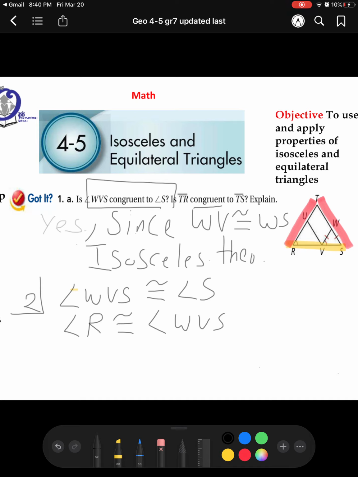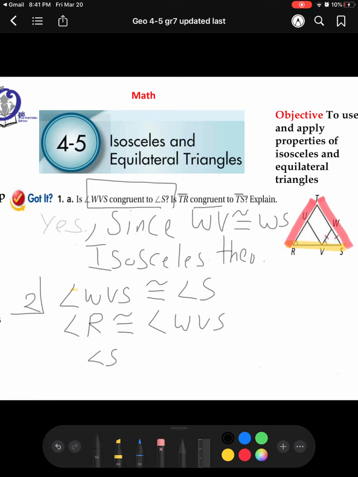If I have angle 1 congruent to angle 2 and angle 2 congruent to angle 3, can I say that angle 1 is congruent to angle 3? Yes. By which property? The transitive property.